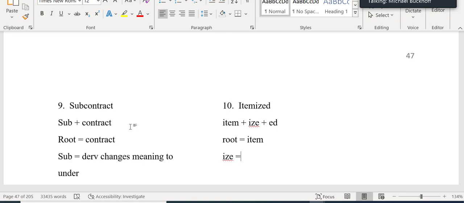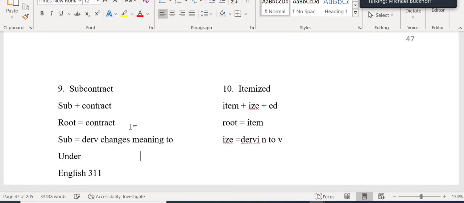You know, you go to Stater Brothers, right? It says 15 items or fewer. Noun to verb. Good, yes. So we'll say derivational, changing from noun to verb. Good. So then we just need to do the ED. So ED, it's still a verb, right? Itemize, itemized. So what grammatical information is this adding?